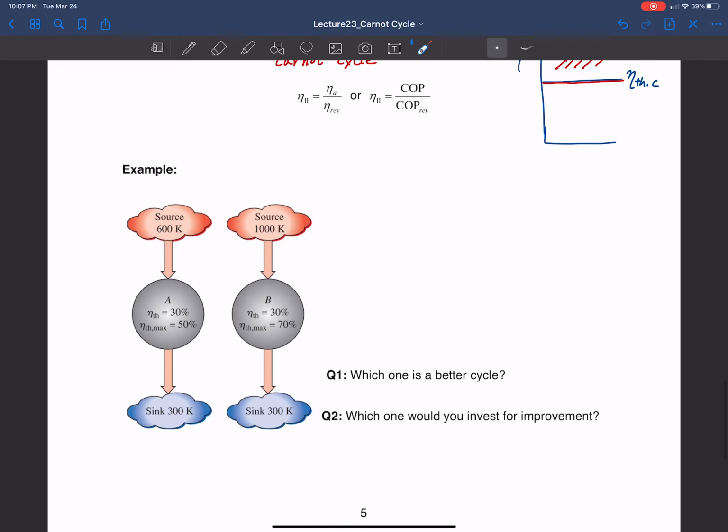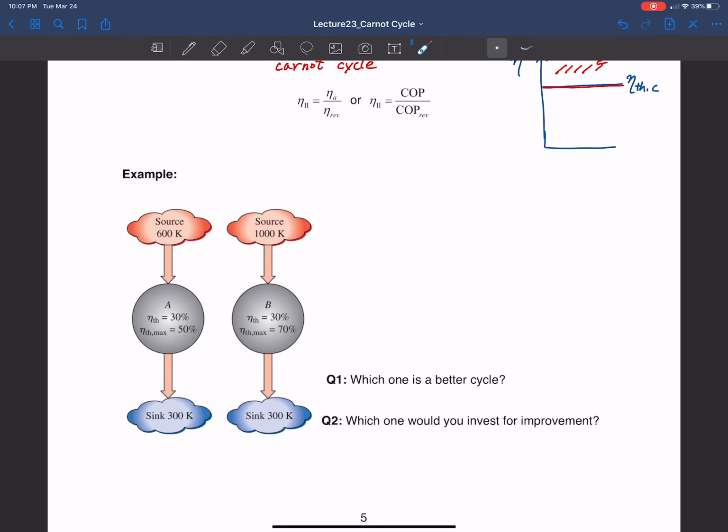Now, why is the second law efficiency beneficial to us? Let's try to compare these two cases. One heat engine, let's say engine A, runs under a heat source of 600 Kelvin and a sink at 300 Kelvin.